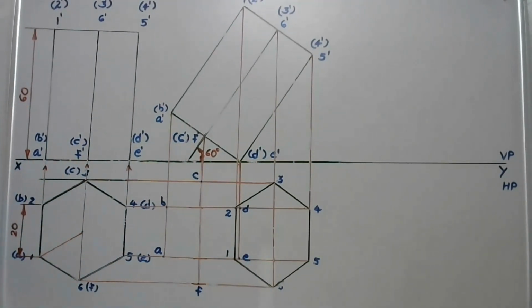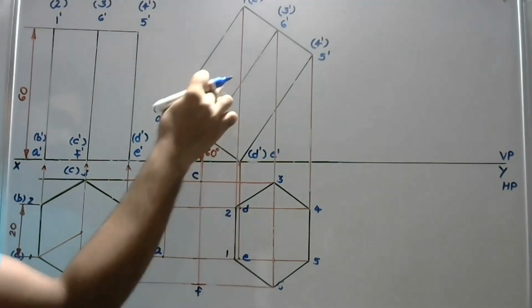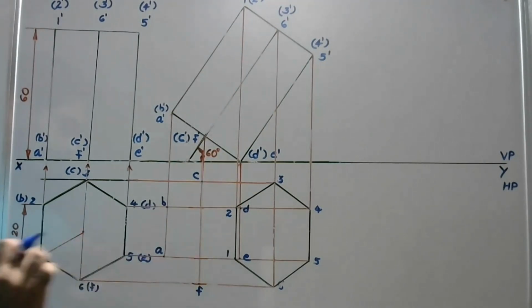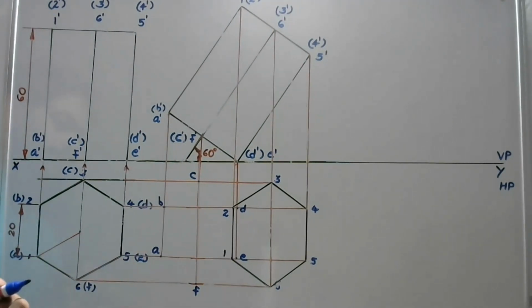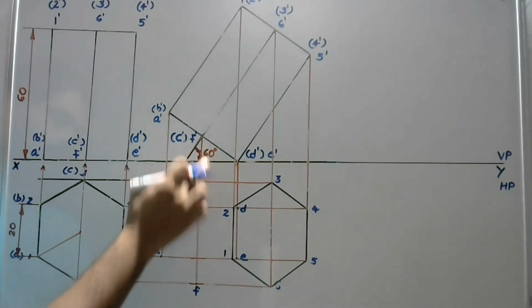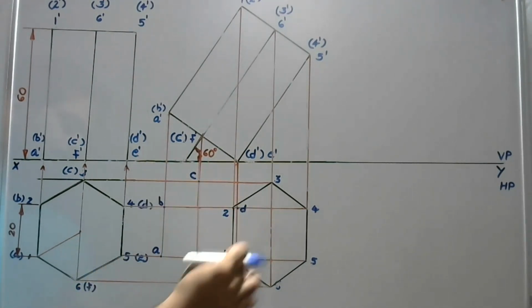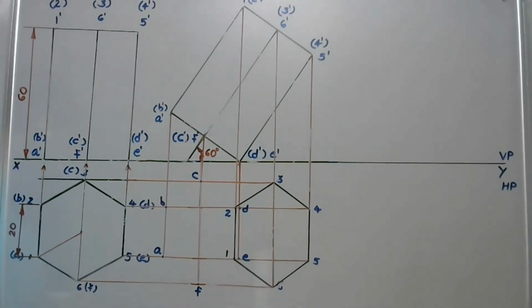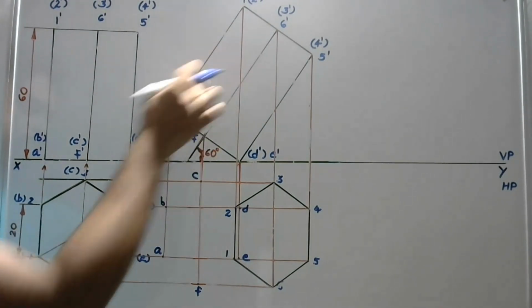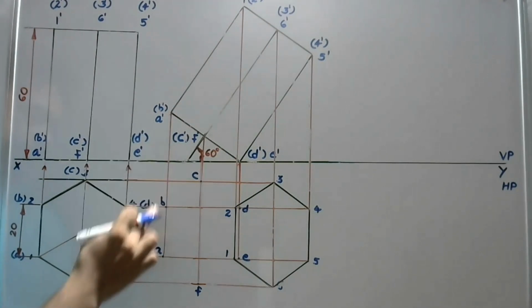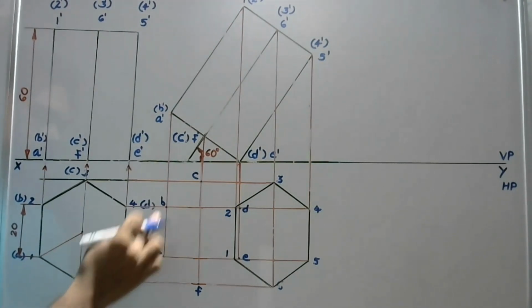In this case, from the top view direction, CD, DE, EF are the invisible edges. Carefully look. A dash, B dash corresponding top view AB is visible.